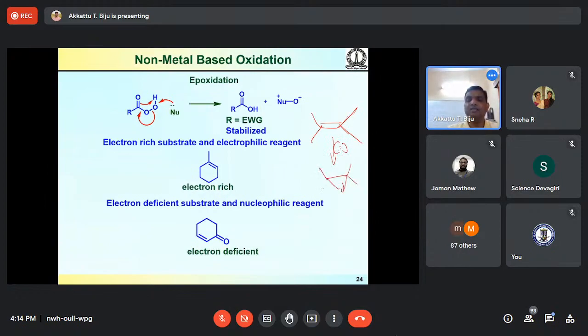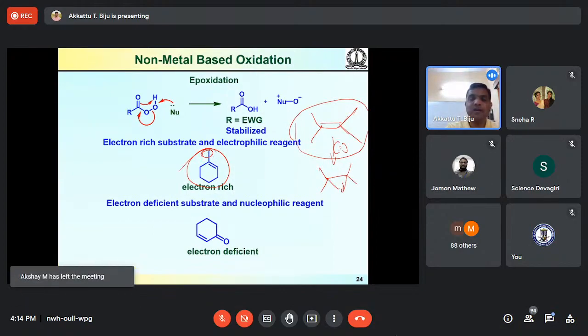an epoxide. Depending upon the electronic nature of the olefin, we need different types of reagents. Say, for example, if you have 1-methylcyclohexene, this carbon-carbon double bond is an electron neutral or electron rich substrate because of the presence of the methyl group.